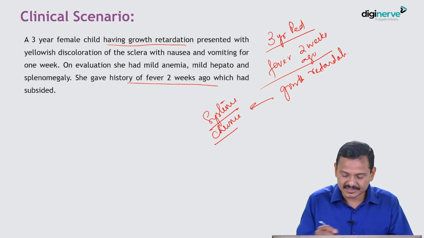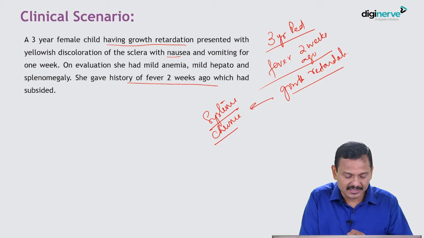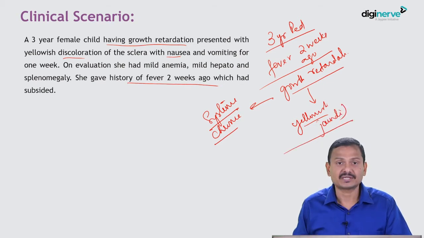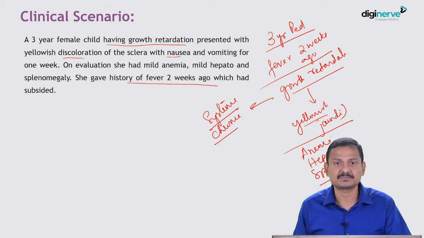Now what happens? She had fever, and now what happens is yellowish discoloration. Now this yellowish discoloration is called jaundice. Okay, she has jaundice, and then on evaluation she has anemia, she has hepatomegaly as well as splenomegaly. Okay, now how do we explain all this?